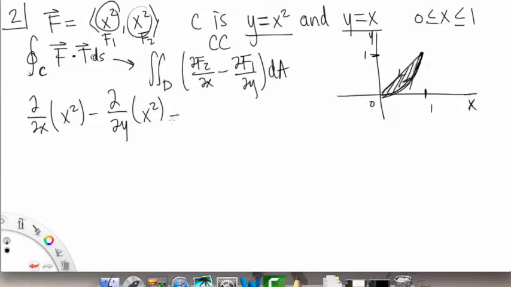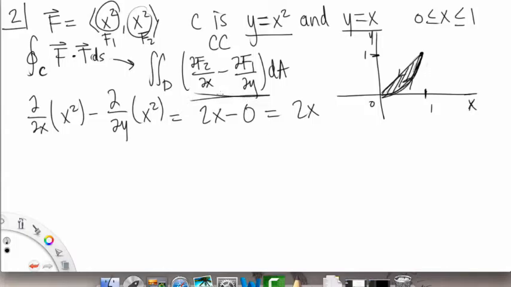So this turns out to be 2x minus 0. That is not 0, it's just 2x.